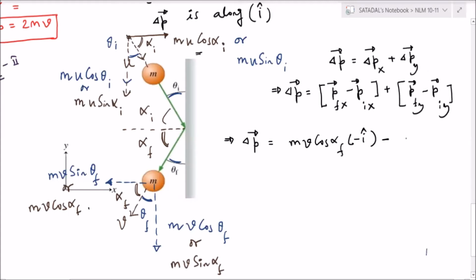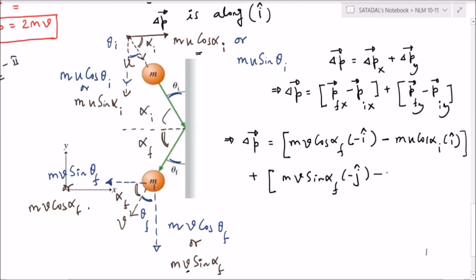Initial is this one, mu cos of alpha i into plus i cap. So that's all about delta px vector. Plus, now come py. How much is py? This is final, so mv sine alpha f minus j cap, minus of mu sine alpha i minus j. All right.